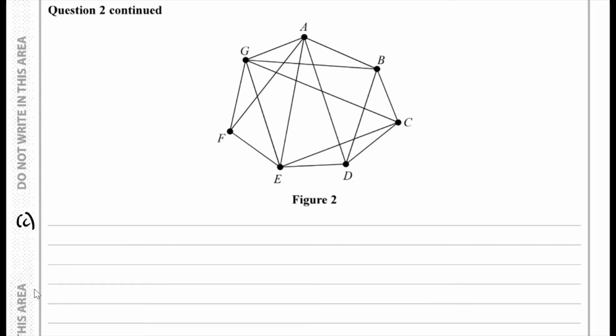The first thing we do with these sorts of problems is we've got our Hamiltonian cycle A, B, C, D, E, F, G, A. Okay. And then our next step is to list the edges inside this cycle.